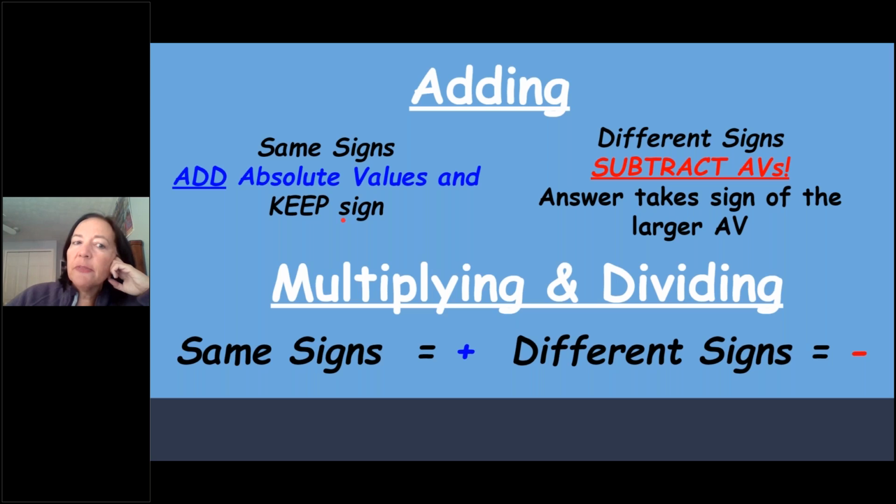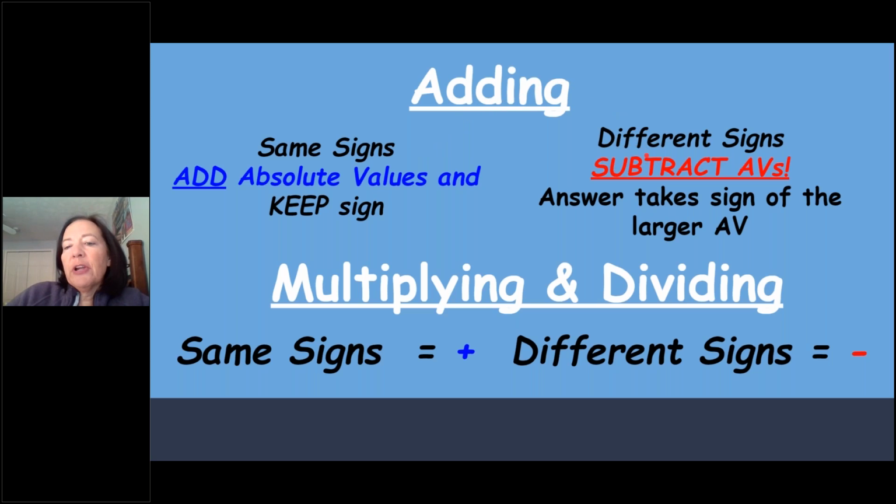If we have a positive plus a positive, the answer has to be a positive, and we're just going to add the two numbers. If we have a negative and a negative being added, the answer is going to be negative, and we're just going to add those absolute values.